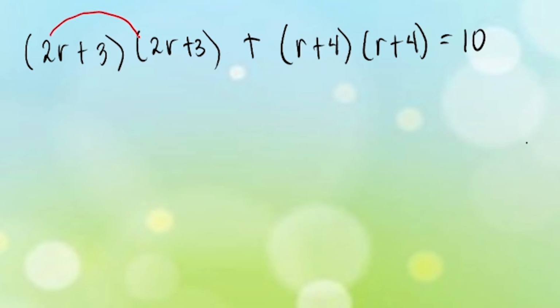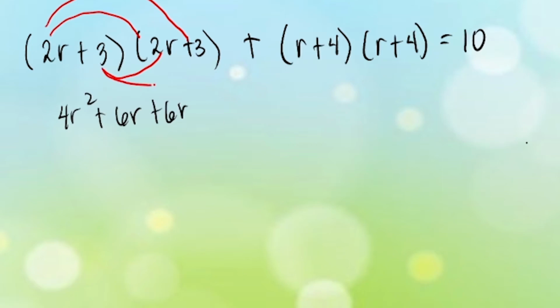Multiply 2r and 2r. The result is 4r squared. 2r times 3, the result is 6r. 3 times 2r, we have 6r. And 3 times 3, the result is 9.